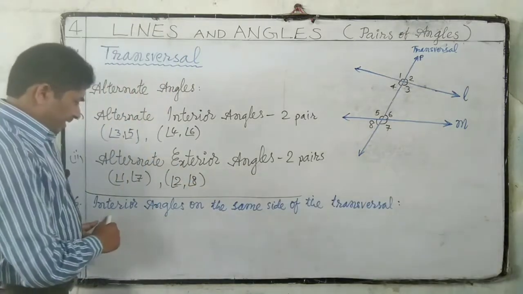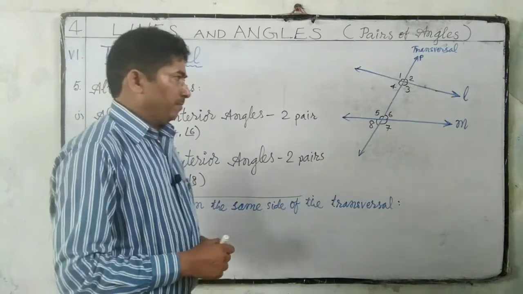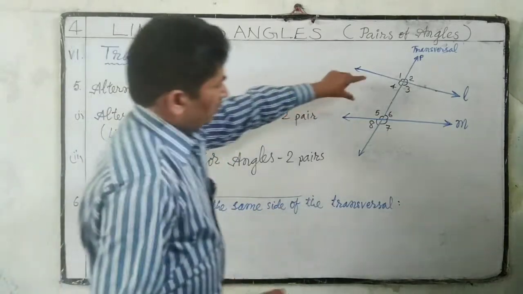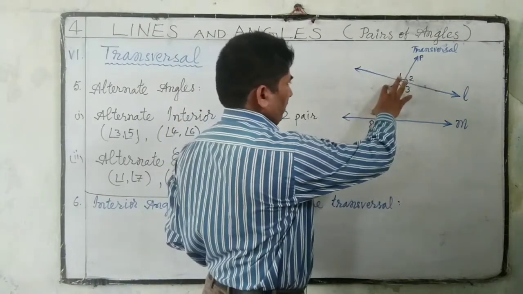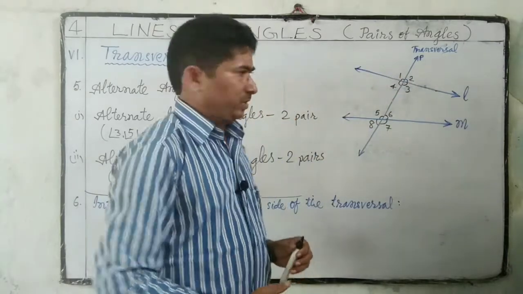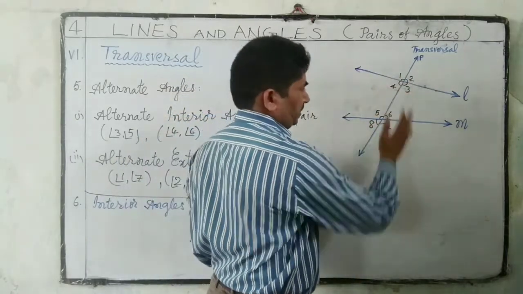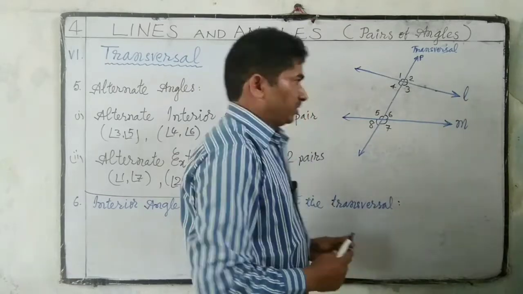Next, interior angles on the same side of the transversal. 4, 5 are interior angles. This is one side, left side of the transversal. 3, 6 also interior angles on the right side of the transversal.